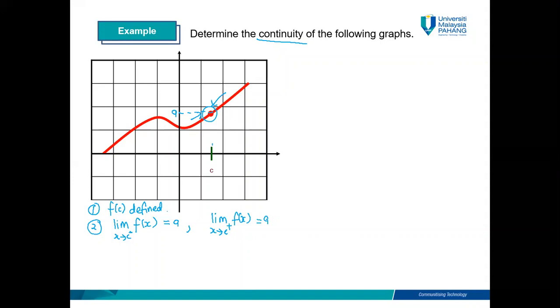So therefore limit of fx when x approaches to c is A. Okay, ni A. Okay, FC is defined. So sama, FC is equal to A. Okay. So number 3, limit of fx when x approaches to c is equal to fc equal to A.